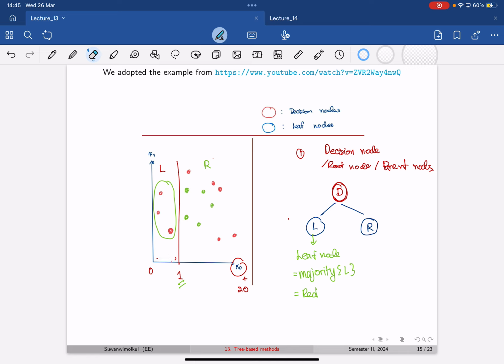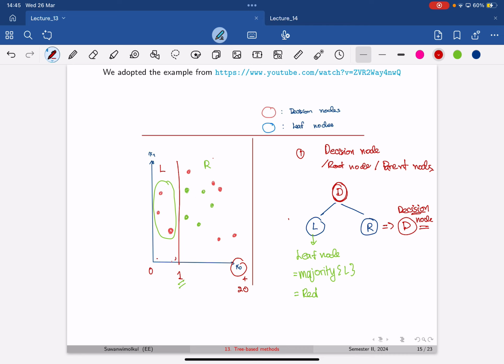Then for your right node, you can see you have data samples that are mixed between classes. Therefore, you assign it as a new decision node. And then with this decision node, you would do the same.